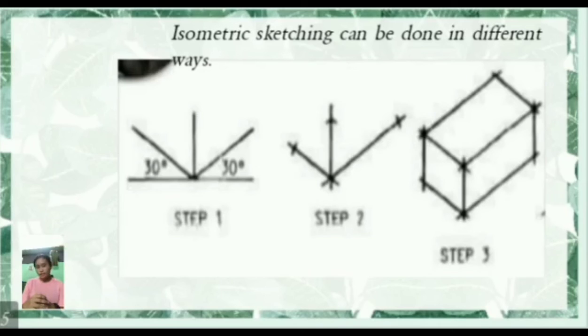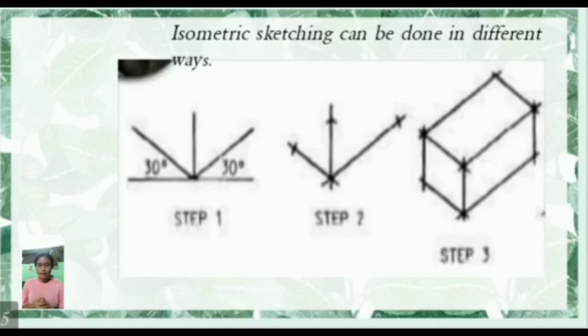So sa step 1, magbuhat ka og line and then find the center and make a vertical line, and then from the line to vertical line, from line sa ubos, and then sa vertical line diha ka magkuha og 30 degree, same as diri sa pikas nga side.